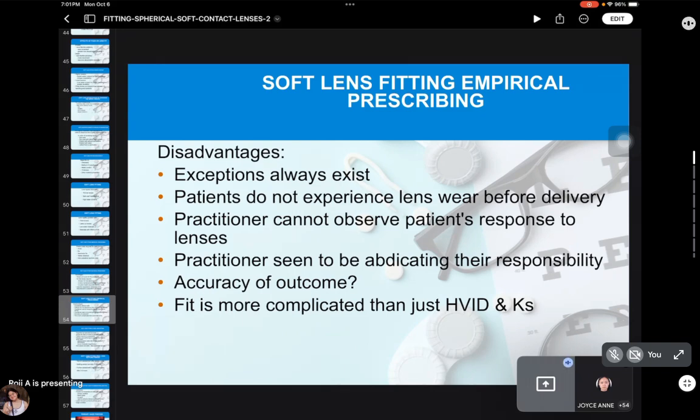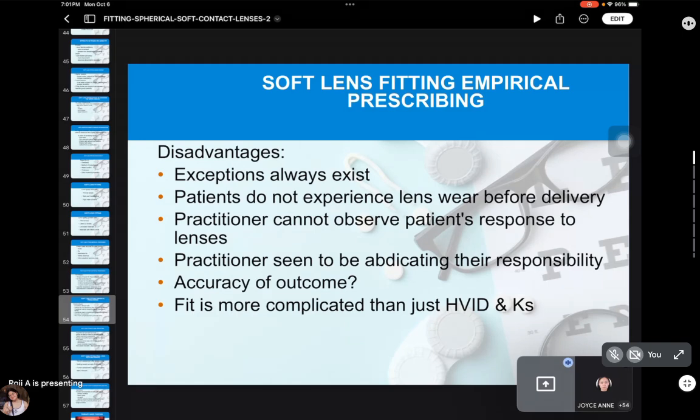Because remember, what do you think they missed out? They missed out on something. And what is that? The K reading is done perfectly. Exact naman. Pero hindi kinonsider si lens diameter.